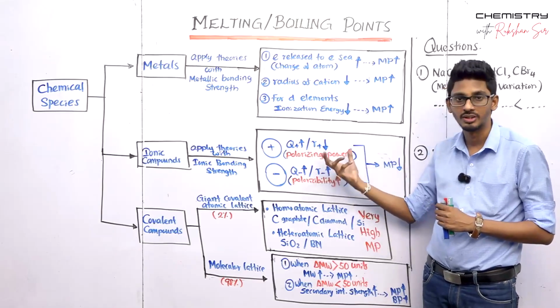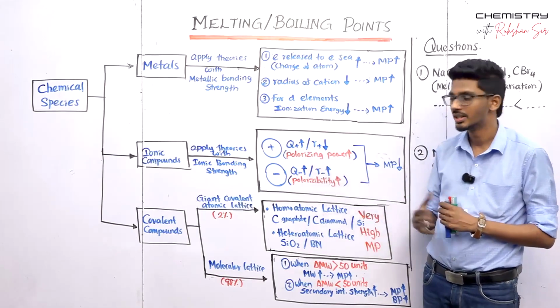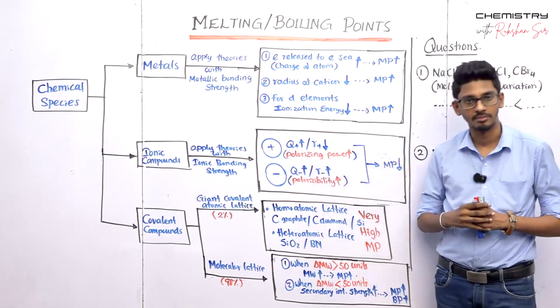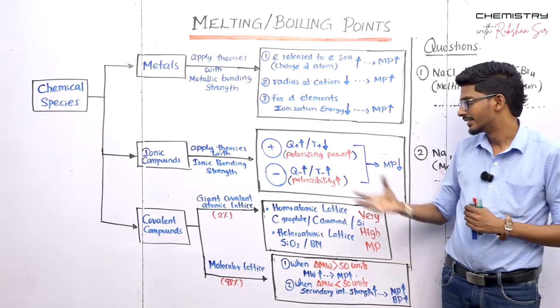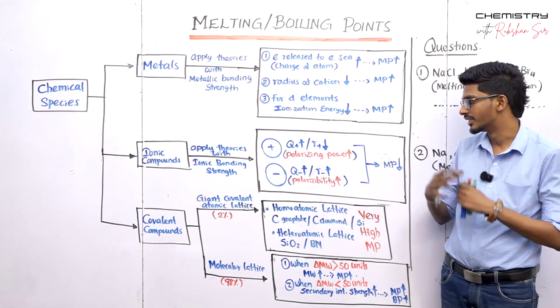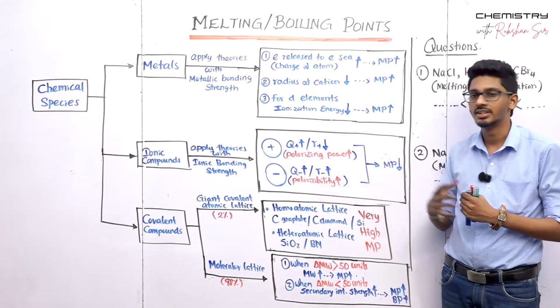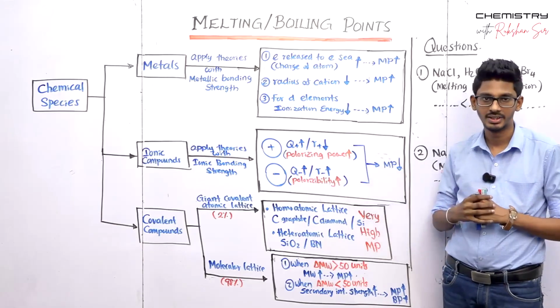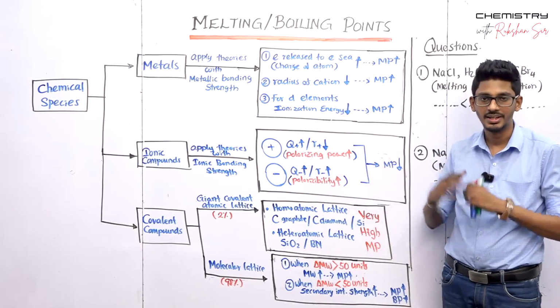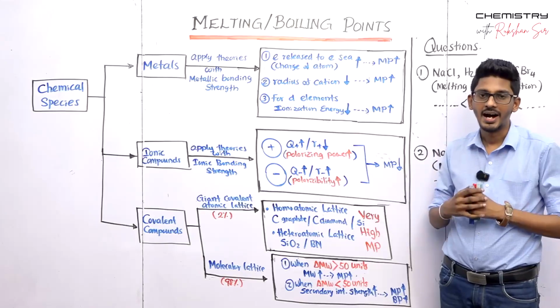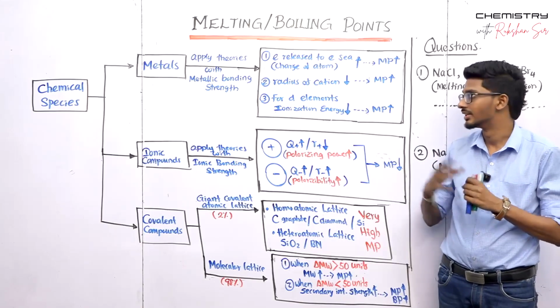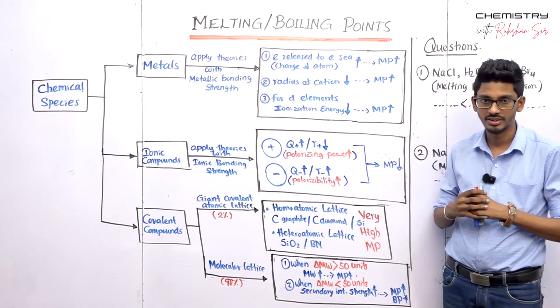So the ionic bond strength will be low, and your melting points become low. That is what Fajans' rule says. When the ionic bond strength is low, the melting points of ionic compounds are low. Those rules should be applied if you are to compare the melting points of some ionic compounds.